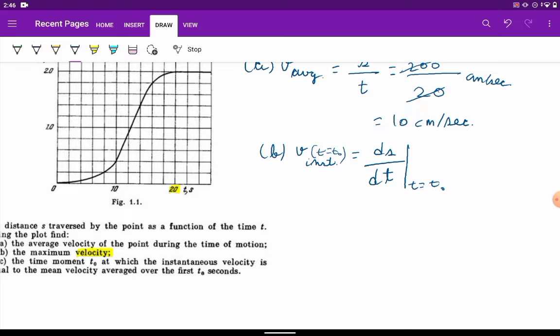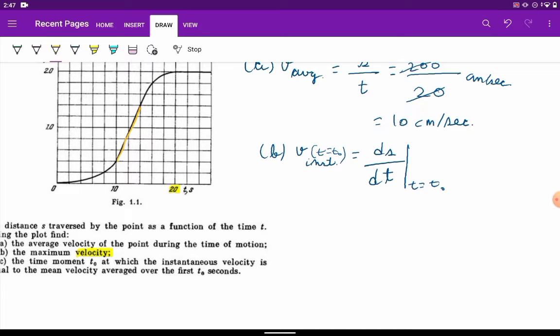So where do you have the maximum gradient? It is in this part that you have the maximum gradient. Before this and after this, the gradient is smaller. This you can easily calculate.